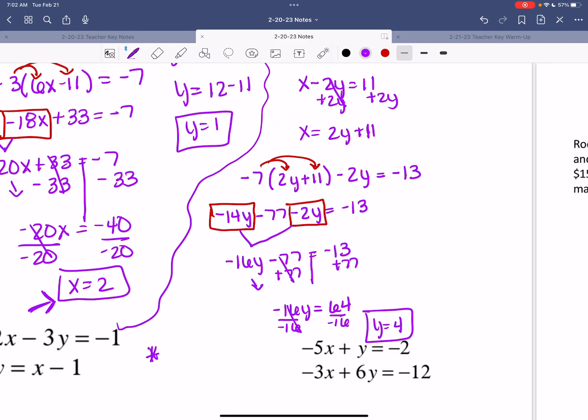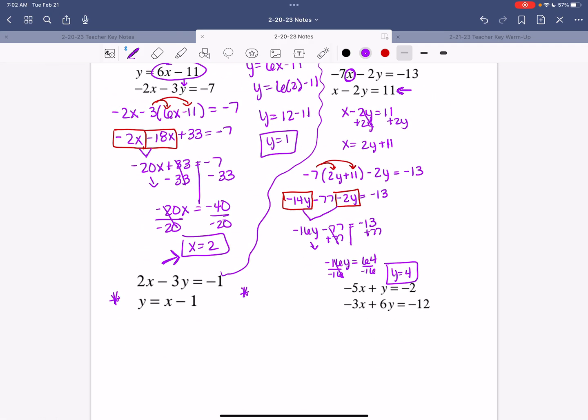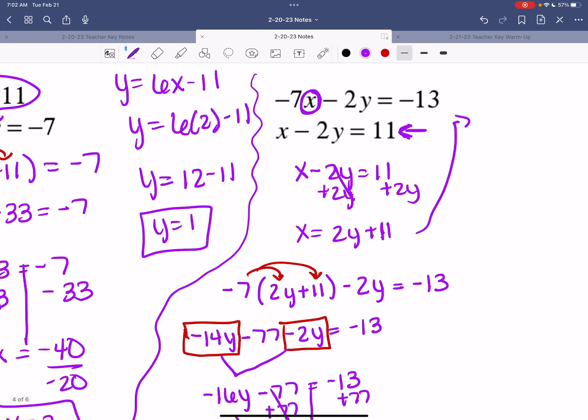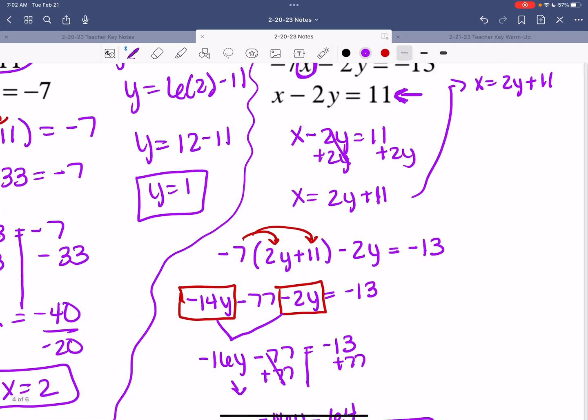Now I need to substitute this y into the equation that I found. So I'm going to take this equation and come up here to give myself more room. It's x is equal to 2y plus 11. We said y was equal to 4.